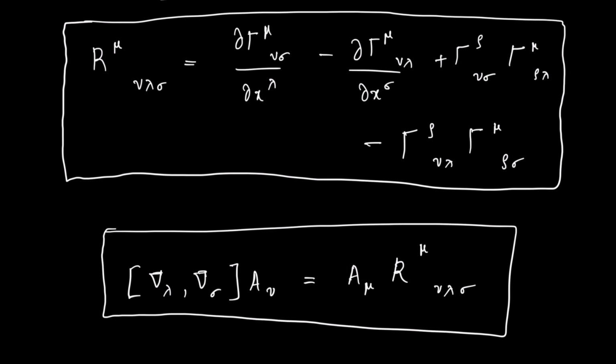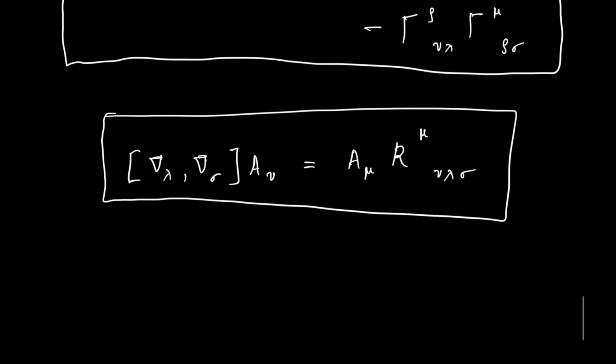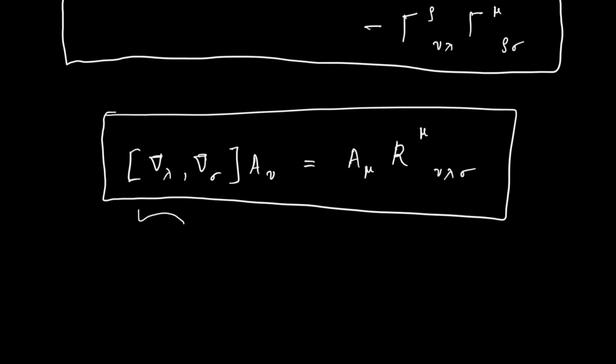Okay, it describes how the geometry of a space changes at different points because it measures the non-commutativity of second derivative of the vector field. If these two commute with each other, then it will be 0.